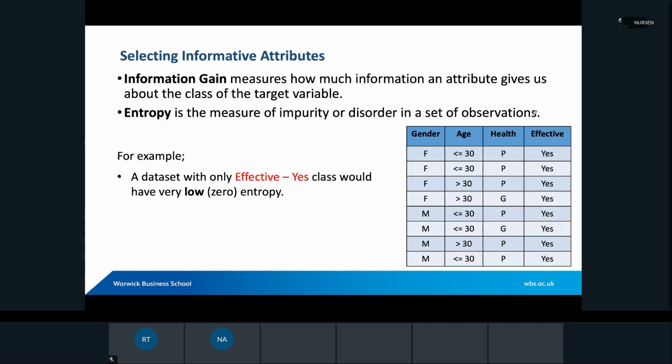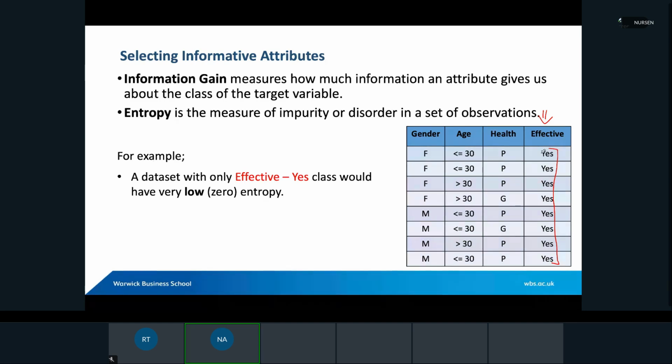When we calculate the entropy, we will mainly focus on the target variable, okay? And we will check how we mix the outcome of the target variable. If we have a data set with only yes class, as you see in here, we have only yes cases. We don't have any medicine effective no. All outputs are the same.